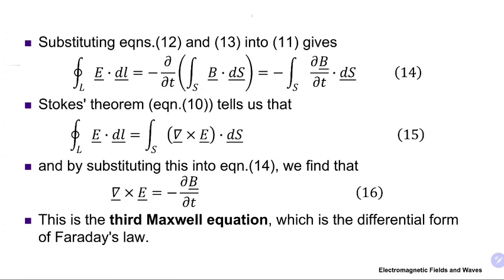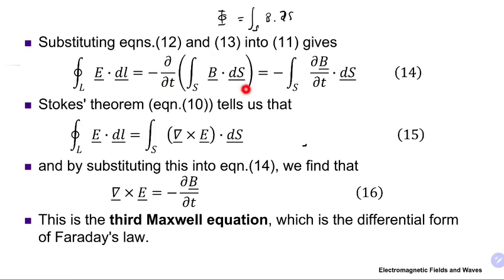Okay, so our surface integral B dot ds will be equal to our flux, and the rate of change of the flux, which is Faraday's law, will be equal to the voltage developed across the terminals. So now you're linking electrostatics to magnetostatics to Faraday's law. Okay, here is electrostatics. We learned the integral of E dot dl gives you voltage.